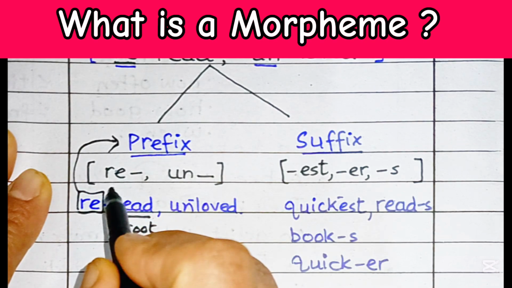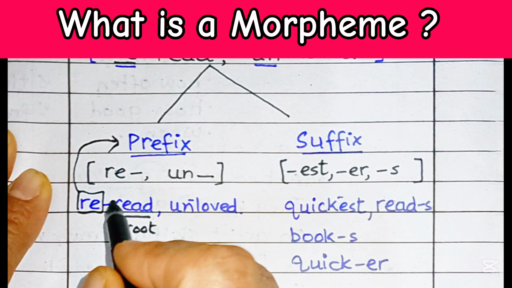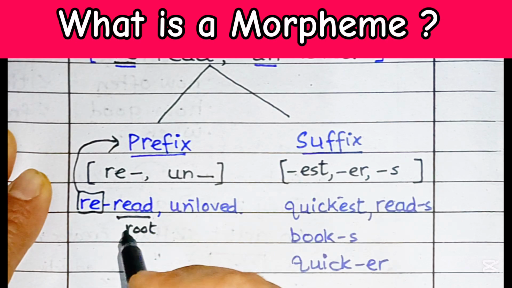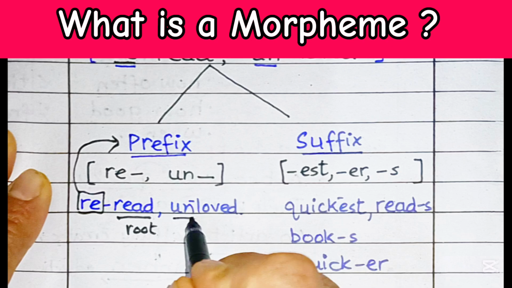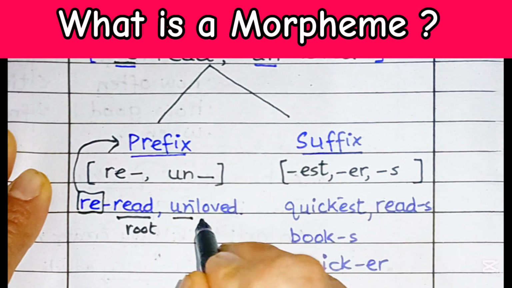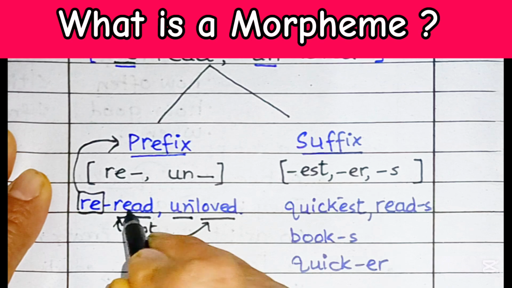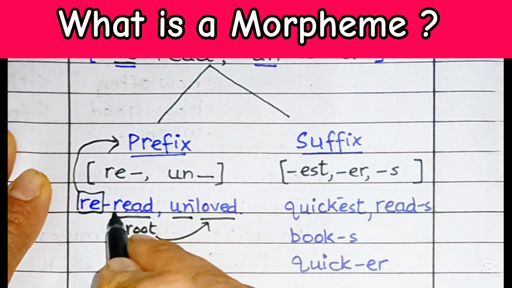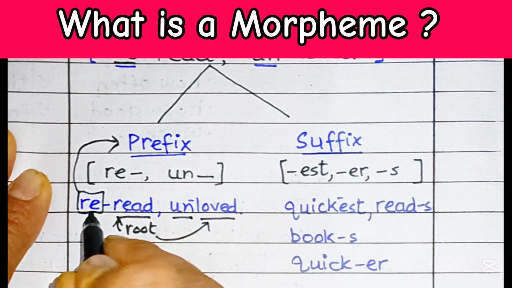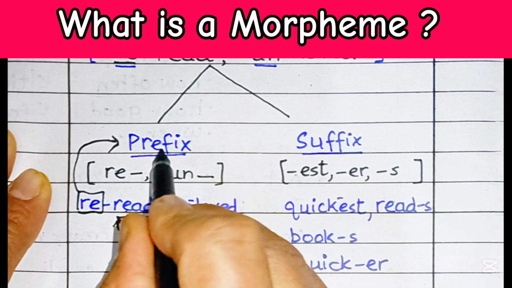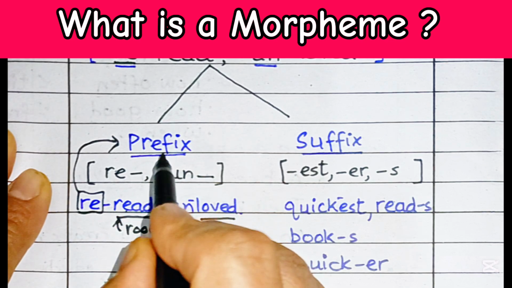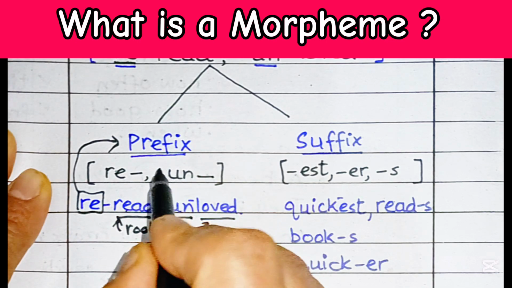How do we know? Because a prefix comes before the root word. Or in this case, un is a prefix and loved is a root. Read and loved are roots or stems. Re and un are prefixes because they are attached to the root at the beginning.